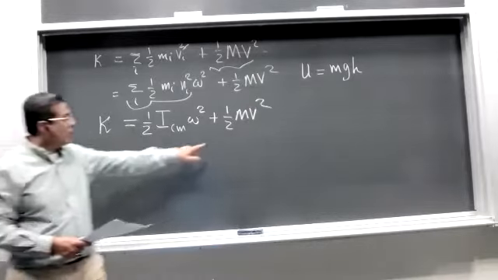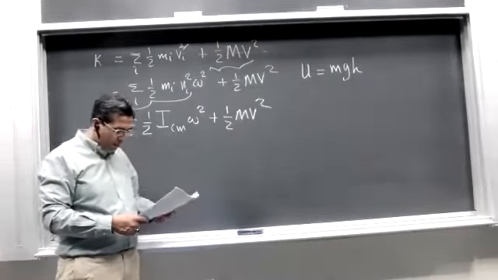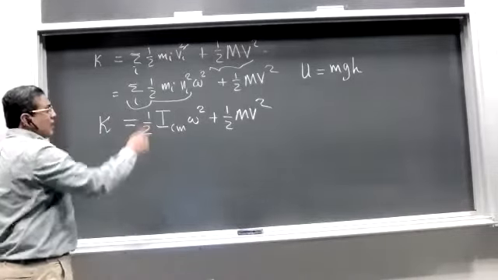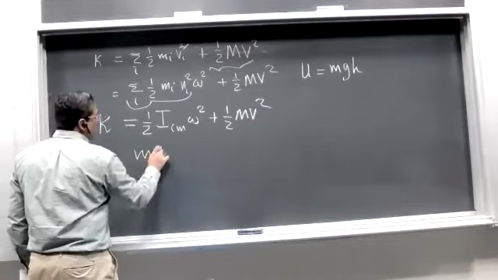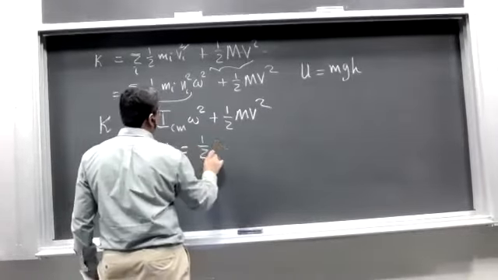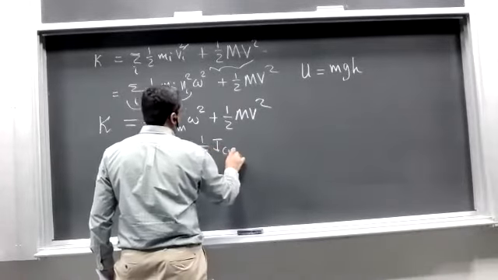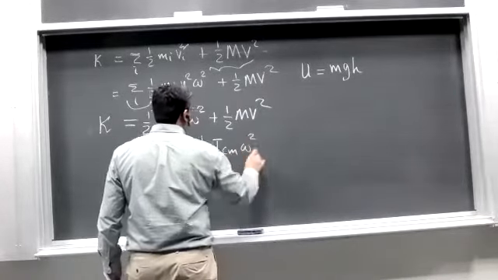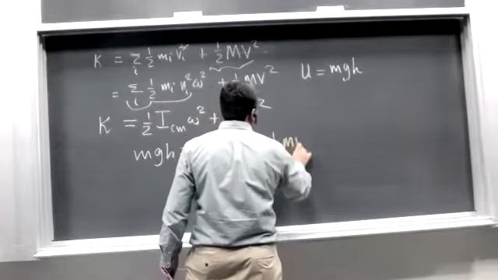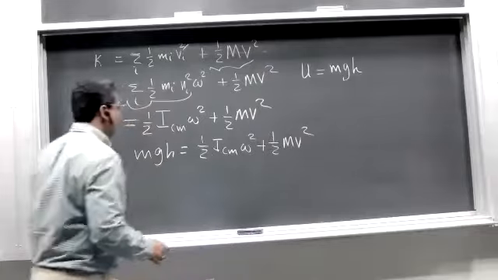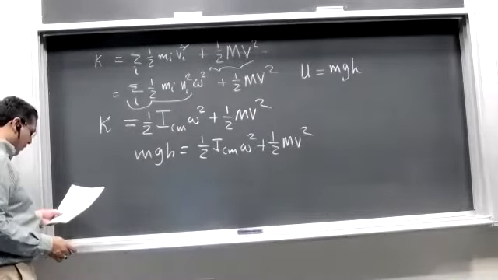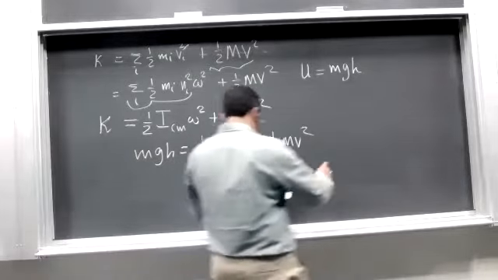This velocity v, how do we find it? We just equate these two things. We say the loss in potential energy is equal to the gain in total kinetic energy: half I_C omega squared plus half M v squared, right? Now here you have to make two substitutions.